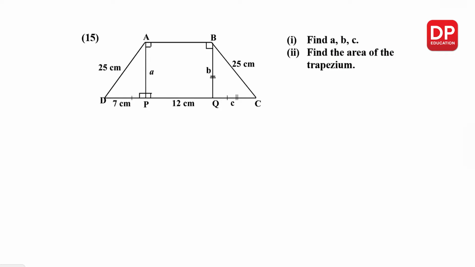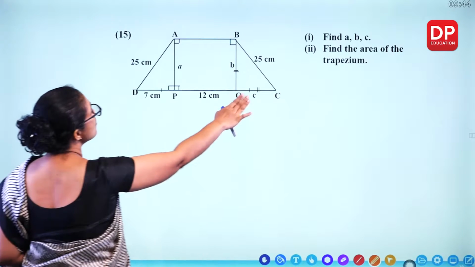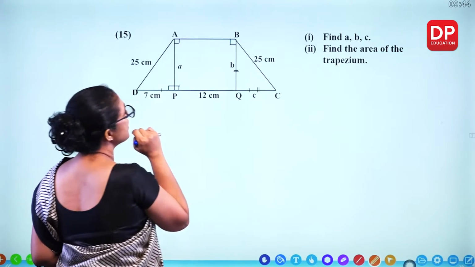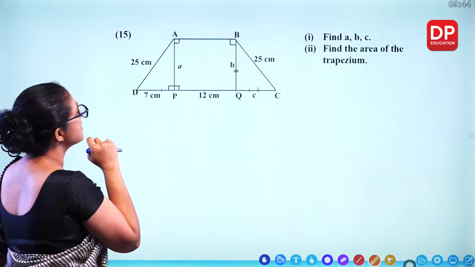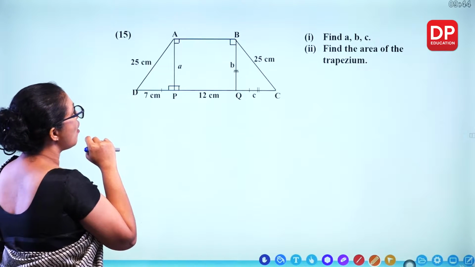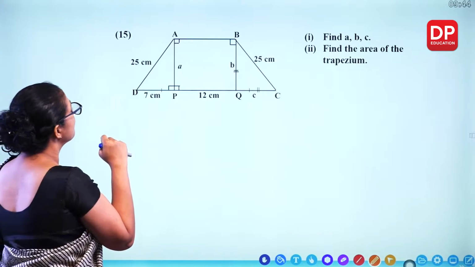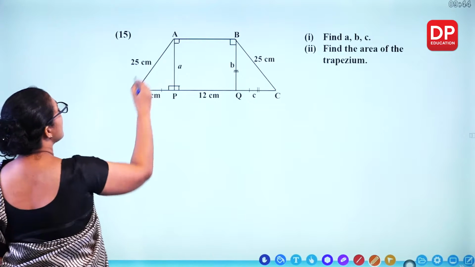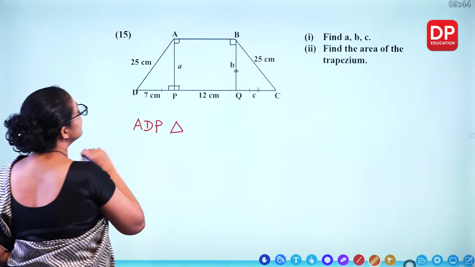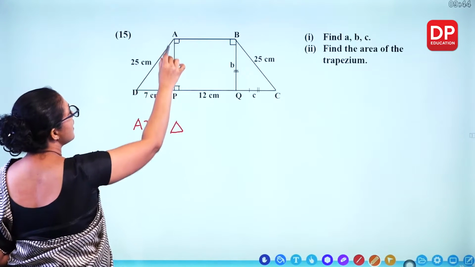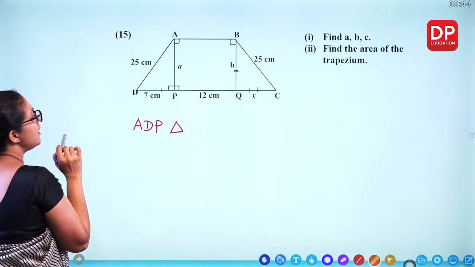Look at this triangle. Two triangles and a rectangle. Find the unknown lengths A, B, C, and find the area of the trapezium. Look at the ADP triangle. Here, A is the unknown length.